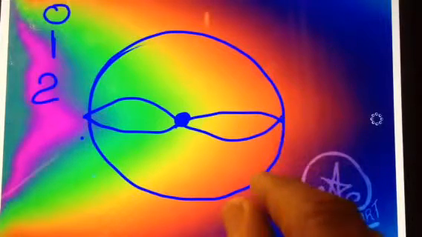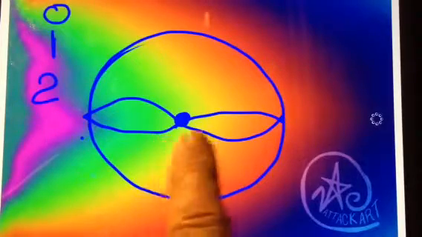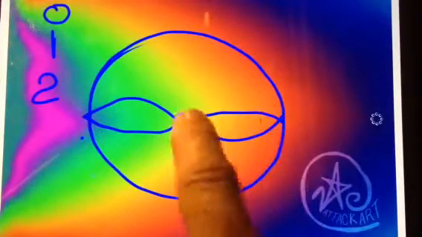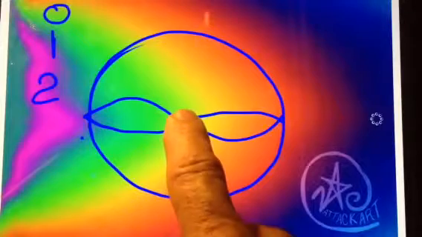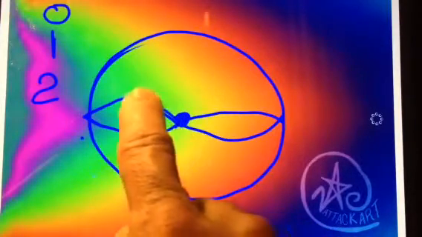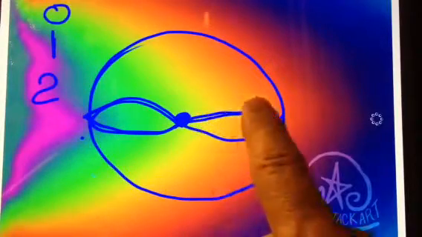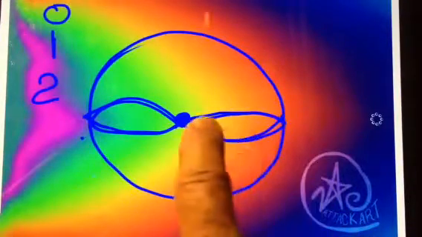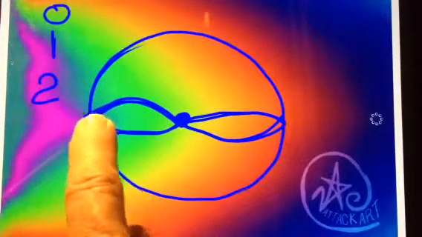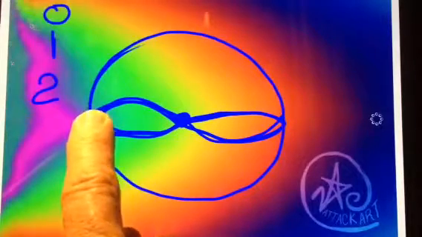You can look at it that way, as this number 8, this infinity thing. But if you come back to the circle like this and make a singular movement, it would look something like this. It'd come out, come back in, like the way you would draw an 8. See that? So this is the rhythm, the pattern of all organic life.